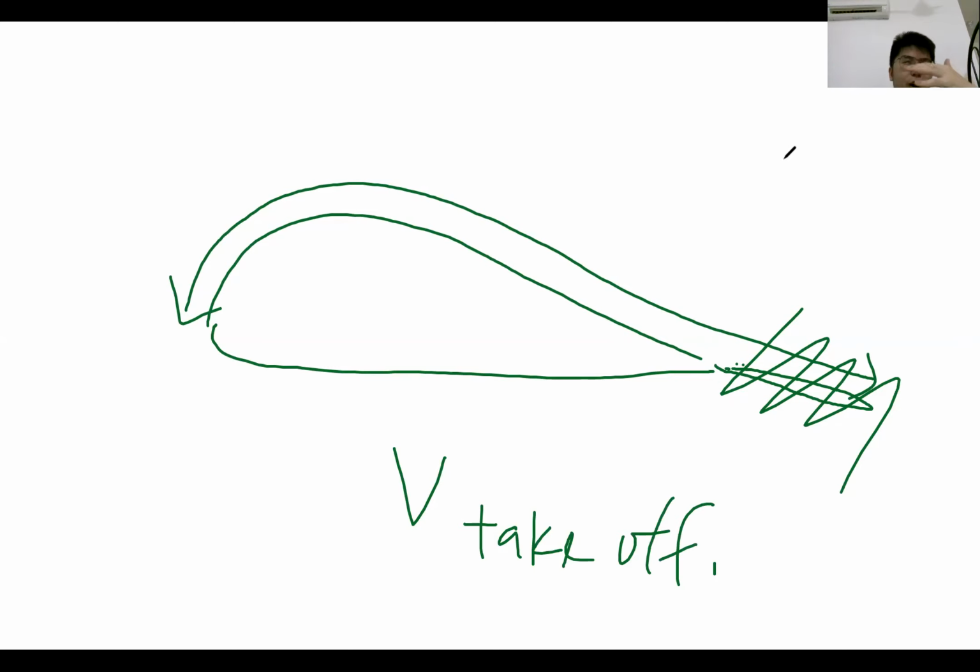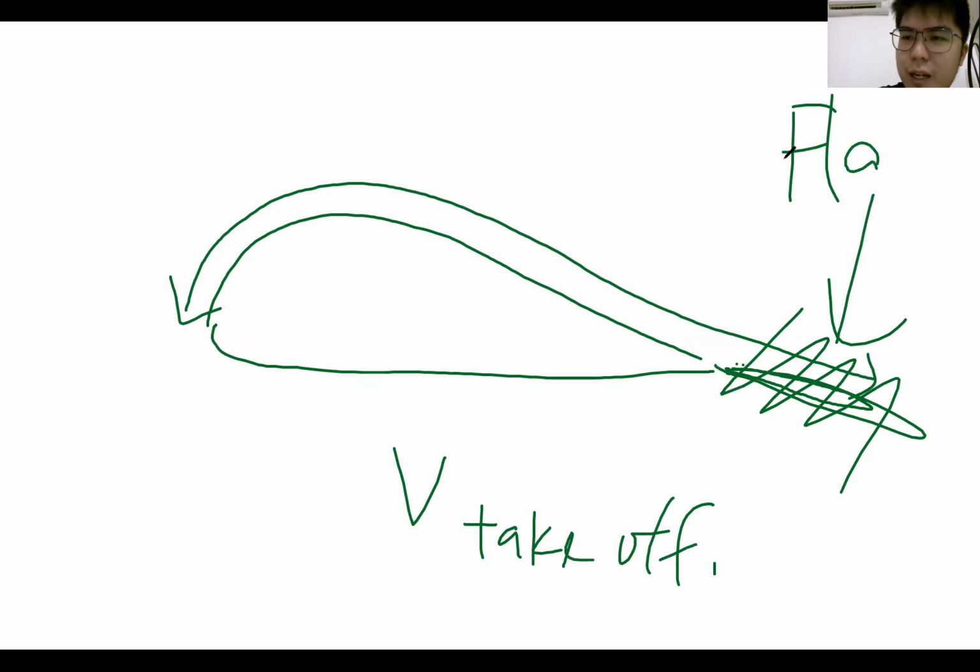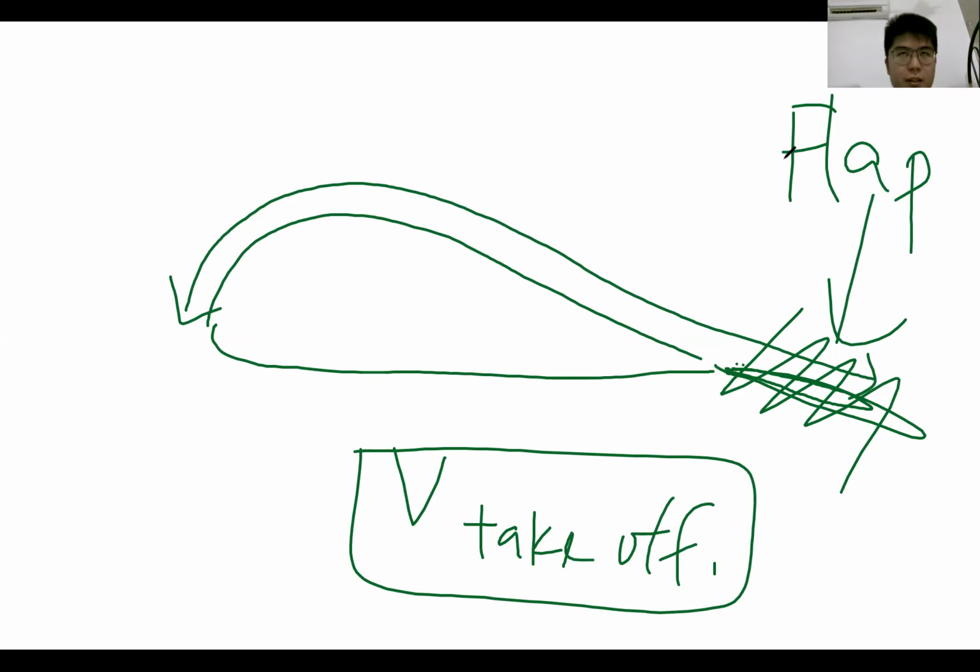If your takeoff speed is very high, then you need to extend your runway. So one way to do it is to extend the flap, so that I can further reduce the takeoff speed and take off in a shorter distance.